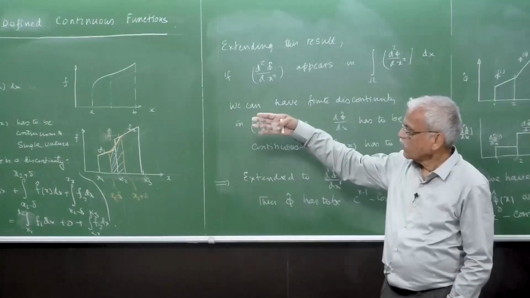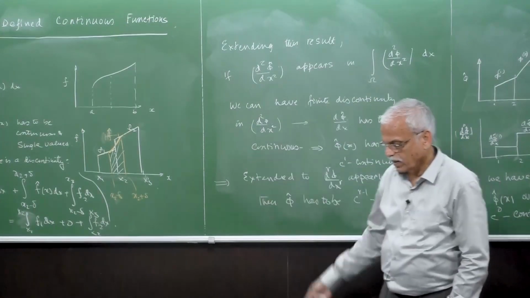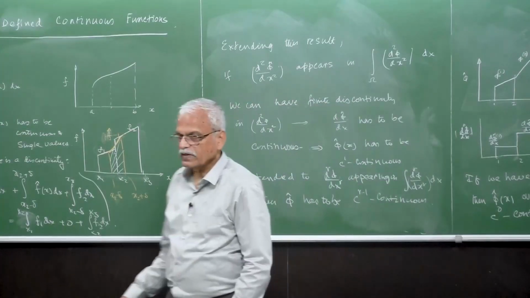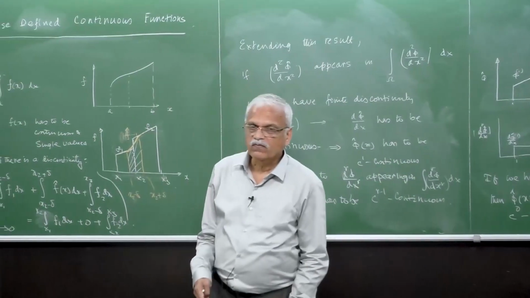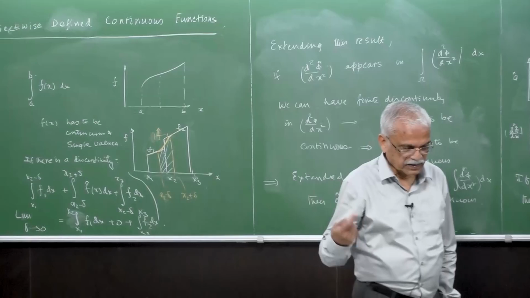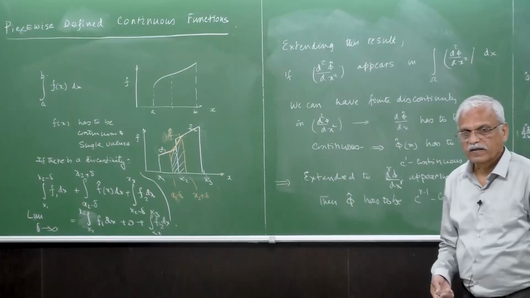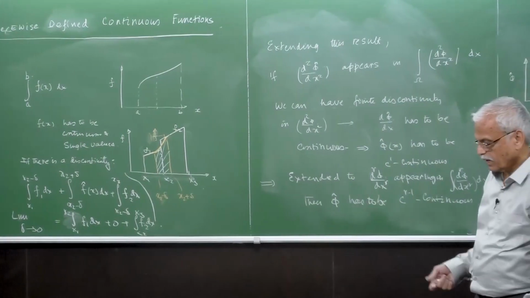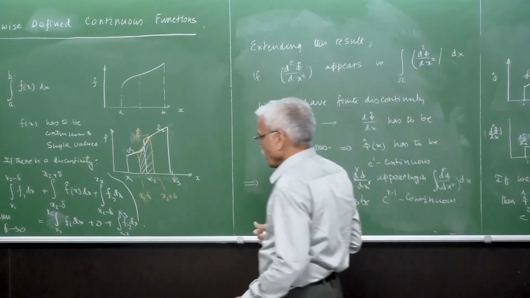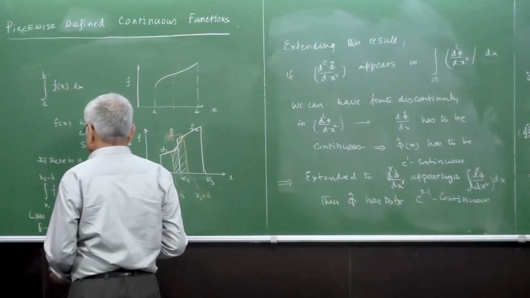So this gives a very solid foundation for why we go for the weak form and why we go for piecewise defined functions. This gives a very solid background for finite element approximations.